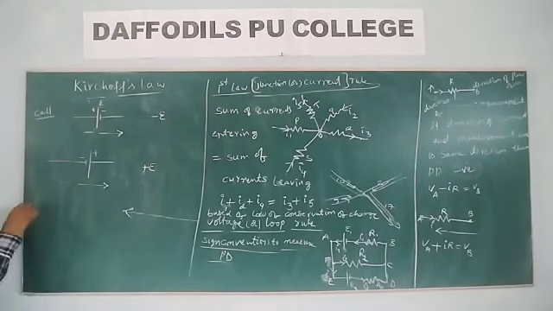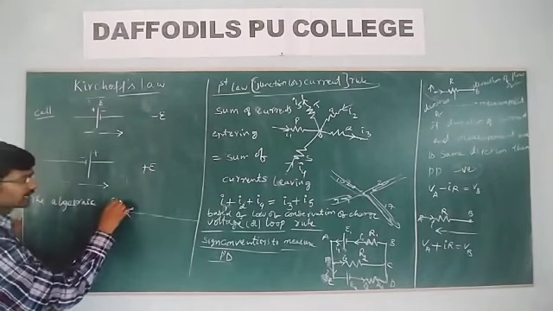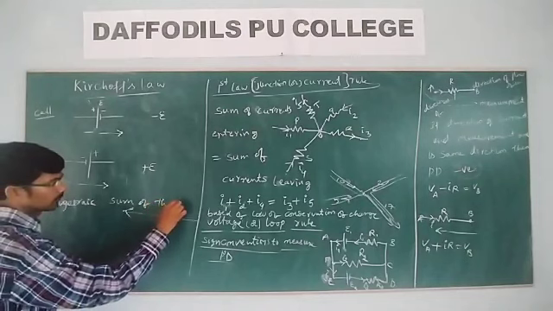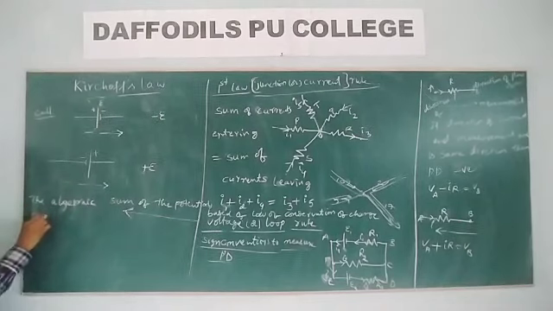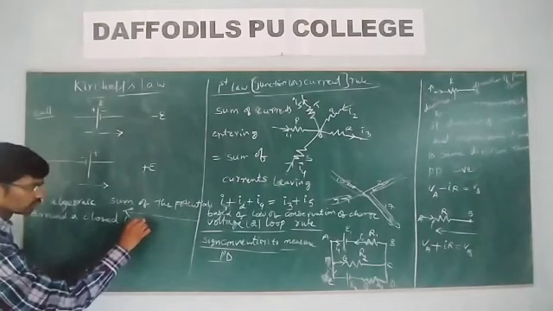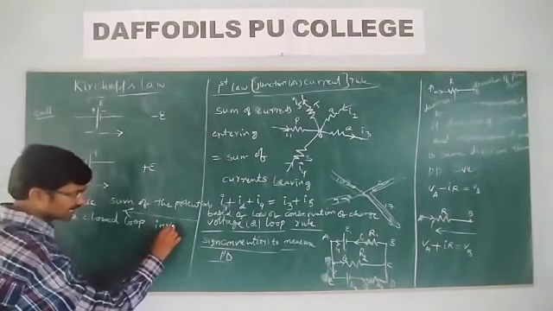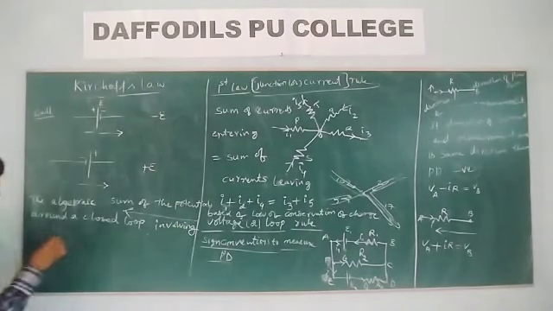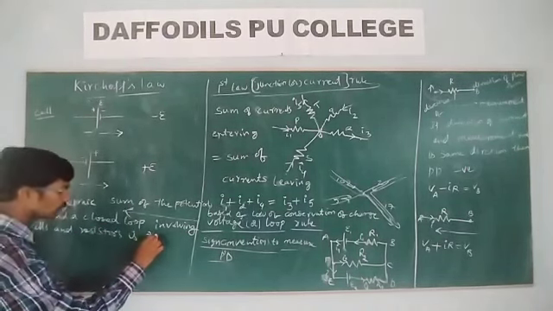Let me write here. The algebraic sum of the potentials around a closed loop involving cells and resistors is 0.